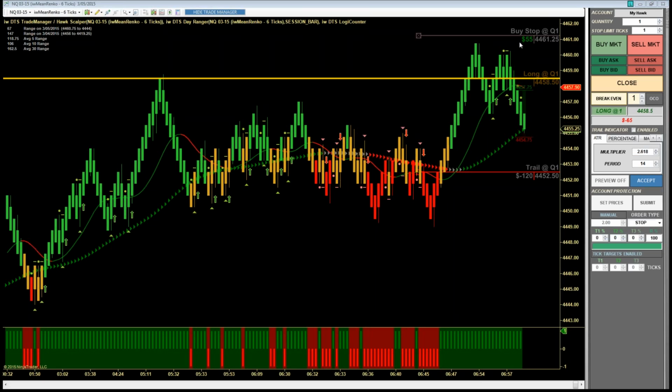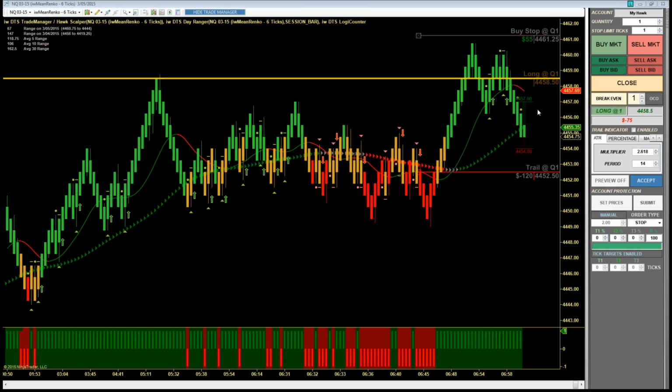That would have given me a chance to get the trade to break even. Here we are now in a macro pullback position. We'll see if we can't get a bounce off of them now. Oh, and we're going right back into this trading range. Yuck. Yeah, darn yellow bars.